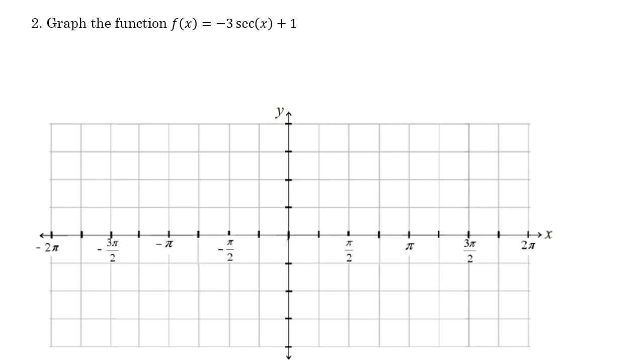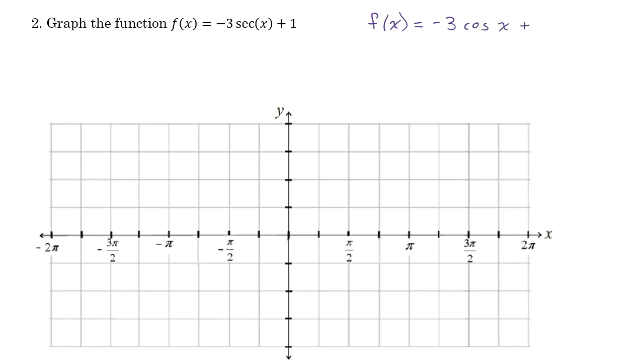In this video, we're going to look at graphing f of x equals -3 secant x plus 1. Now, there are some tricky parts in here, so you might be thinking, hey, the first thing I want to do is start off and graph f of x equals -3 cosine x plus 1.